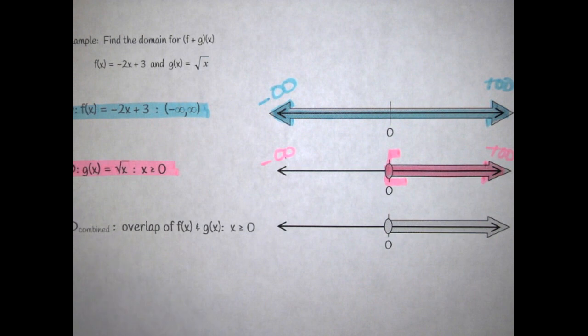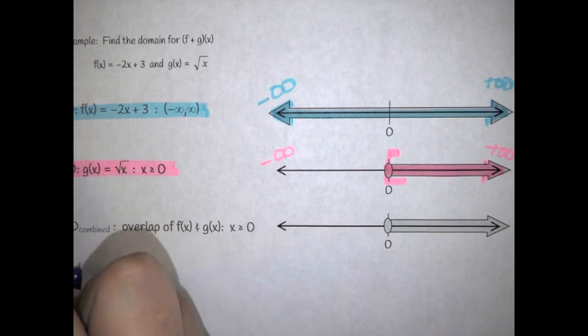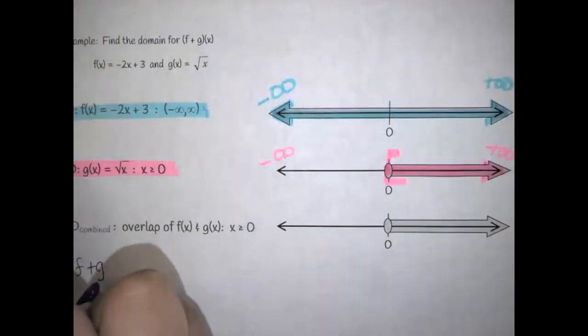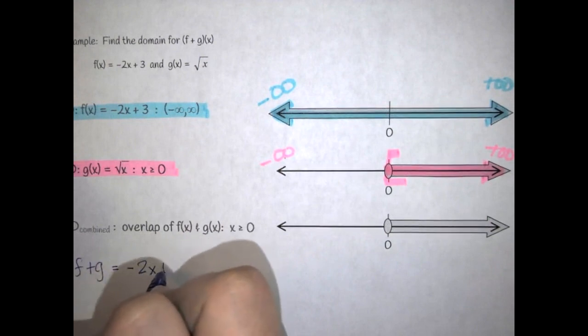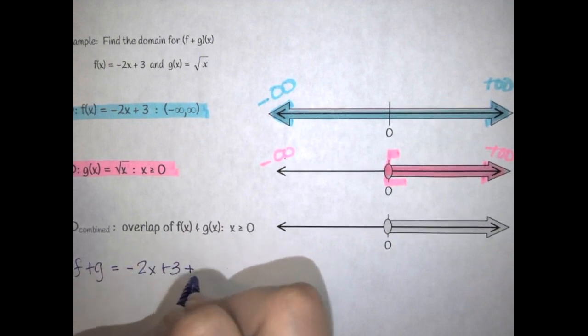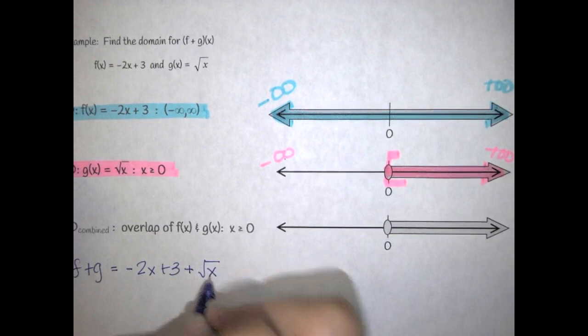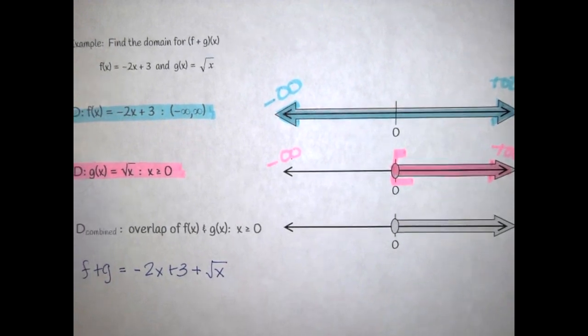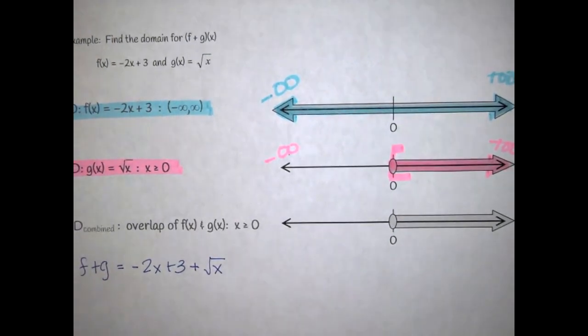Now last is looking at the domain of the combined. So first of all, we have to know what the combined function is. So f plus g is going to be 2x plus 3 plus the square root of x. Now there's nothing that we can do to combine that, so that's kind of how it stays.